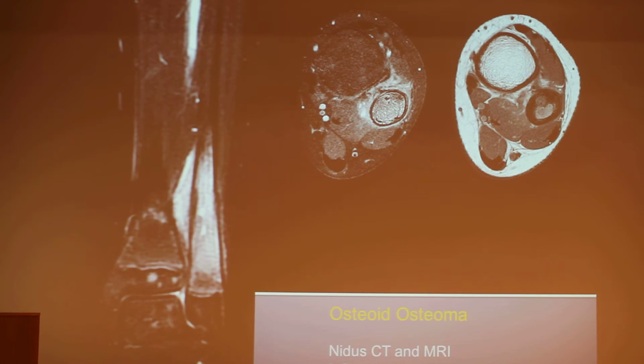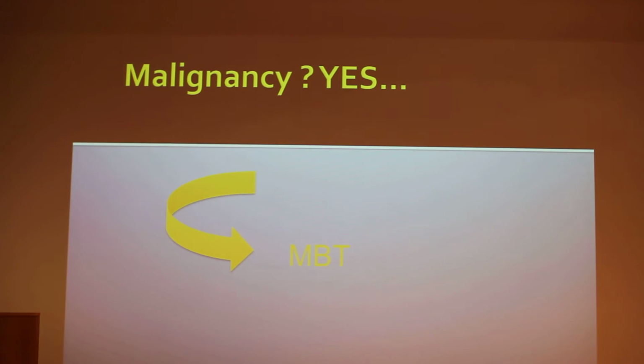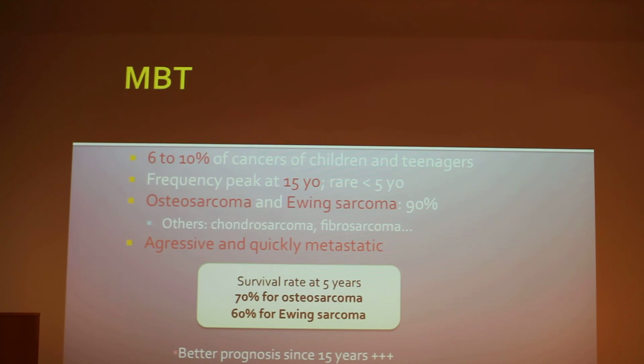So now we're going to move on to the second part of the lecture and go to malignant bone tumors. Again, it must be general because I don't want you to be bored, just a few epidemiologic features. Malignant bone tumors represent 6 to 10% of cancers of children, so it's not rare, and you must know the main features.